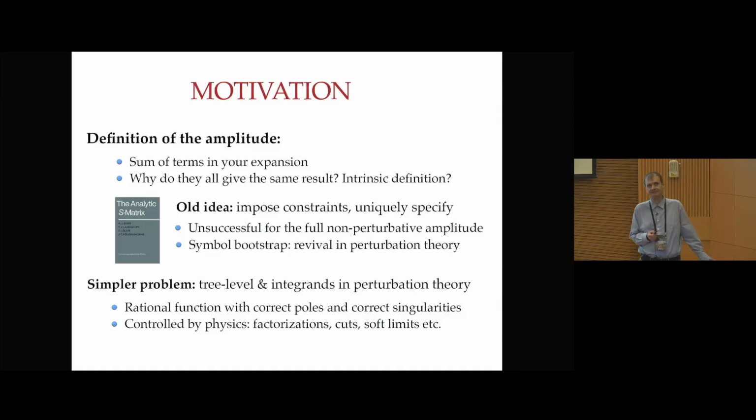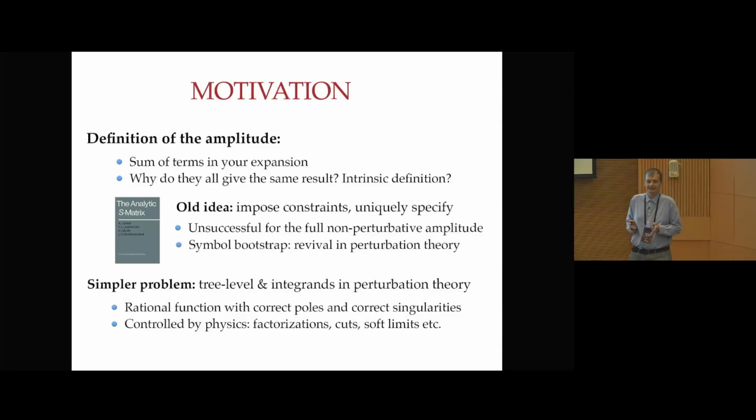Now, this is a very old idea. It goes back to the analytic S-matrix program, when back in the 60s, before the discovery of QCD, people tried to define and calculate the scattering amplitudes as a unique object which satisfies certain constraints, is uniquely specified by these constraints.